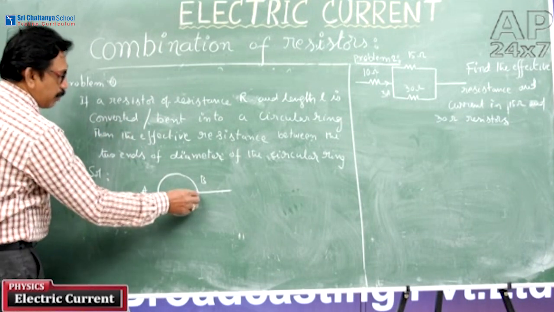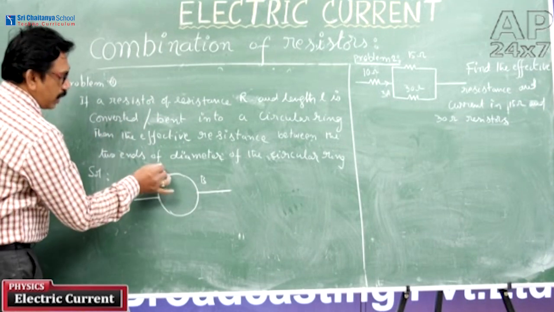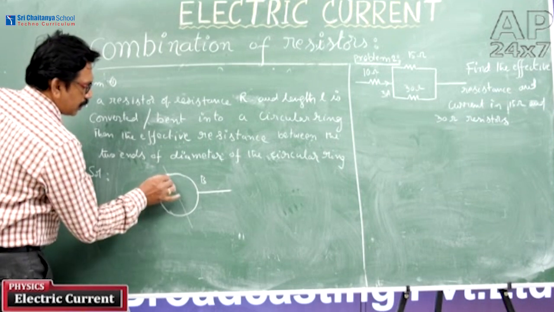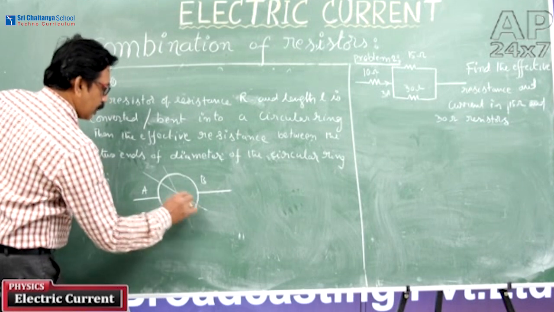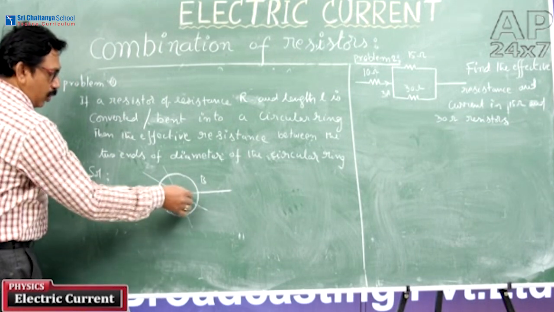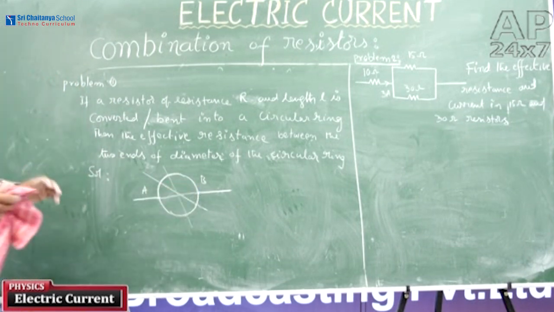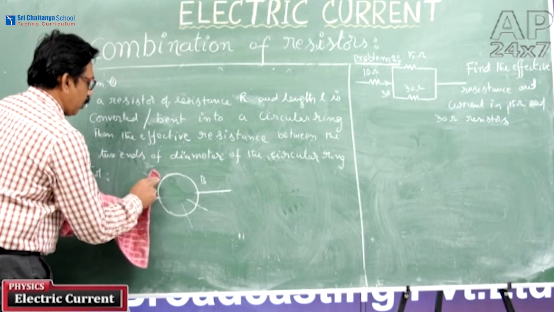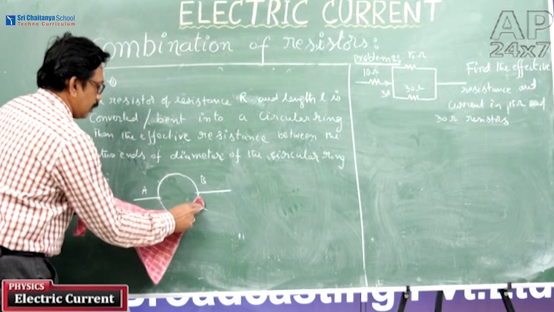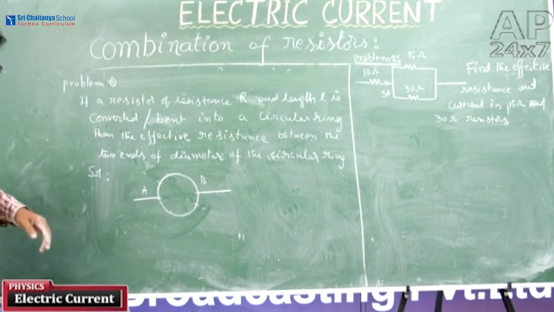This is generally the diameter. You can draw a line like this, a straight line, and this is also a diameter. Even if you draw it like this, it is also a diameter. My major point is only AB, so I am finding this.